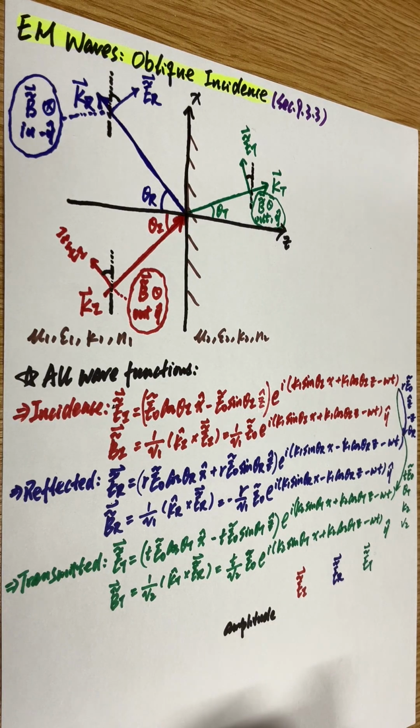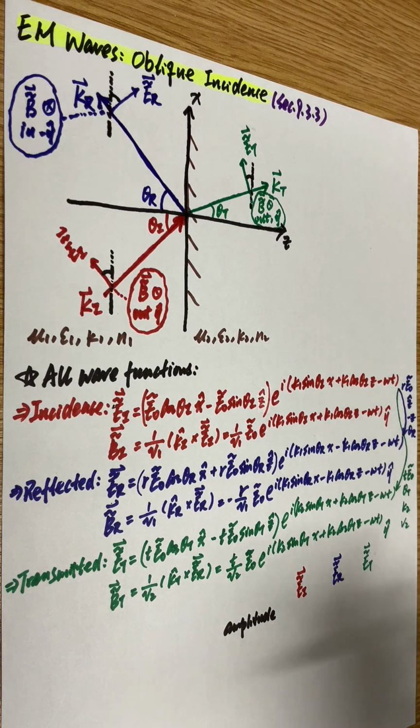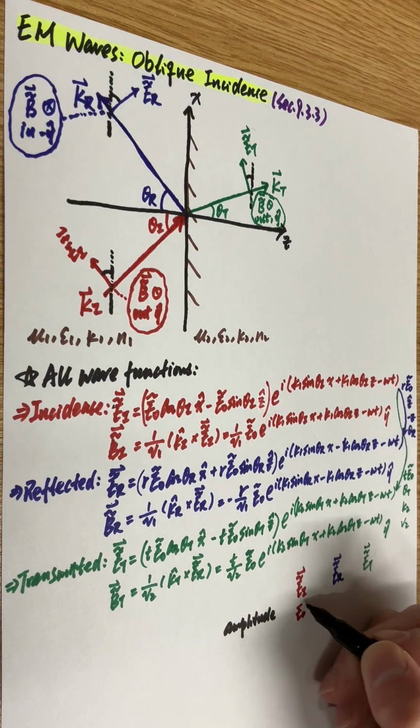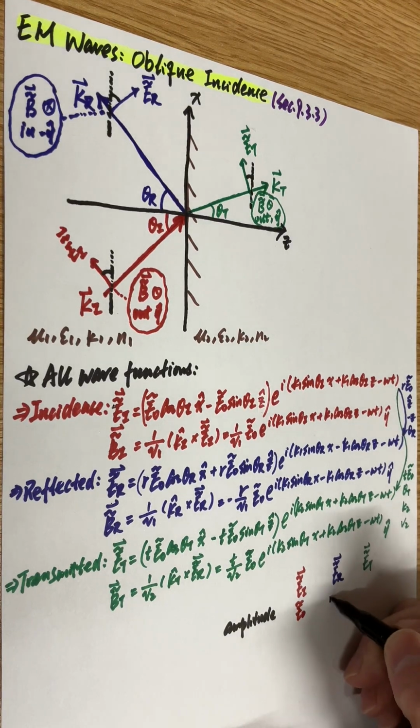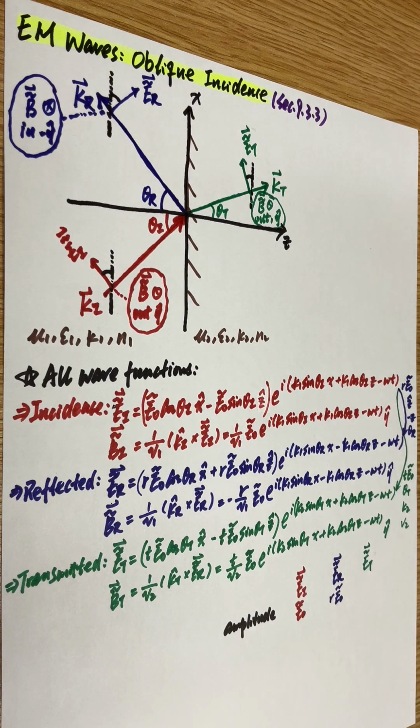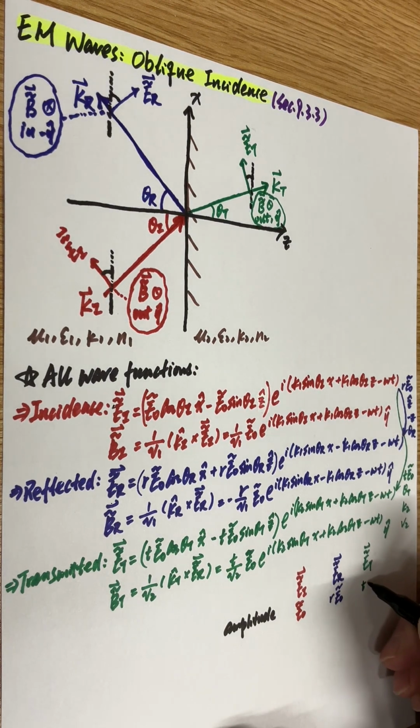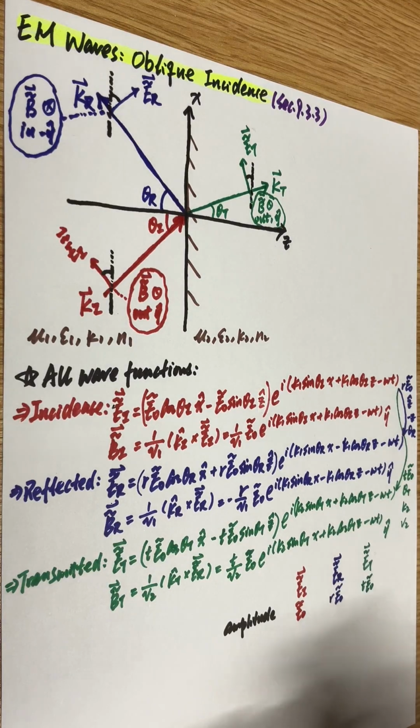For the incident wave, the amplitude is E0, and this needs to be replaced by R E0 for the reflected wave, and T E0 for the transmitted wave.